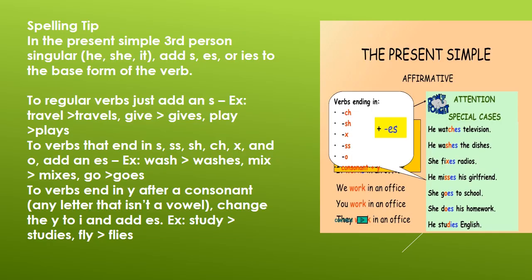So in the present simple third person, when it is singular, he, she, it, we have to add either s, es or ies to the base form of the verb. So if the verb is just a regular verb, we have to add an s, like travel becomes travels, then give becomes gives, play becomes plays.